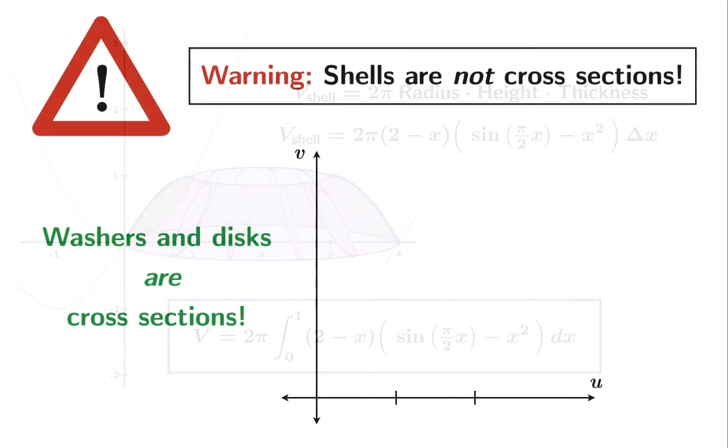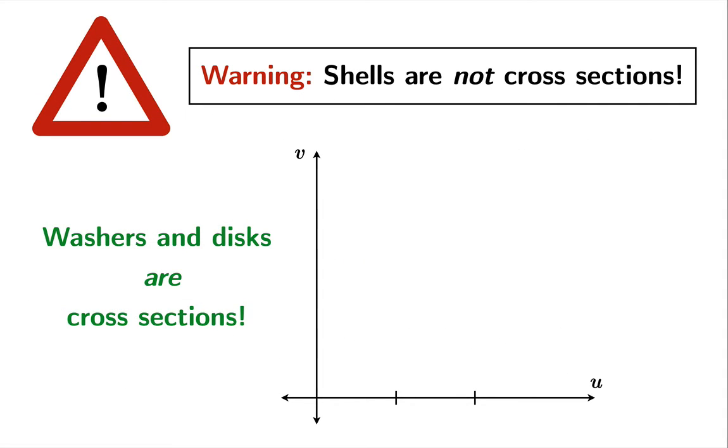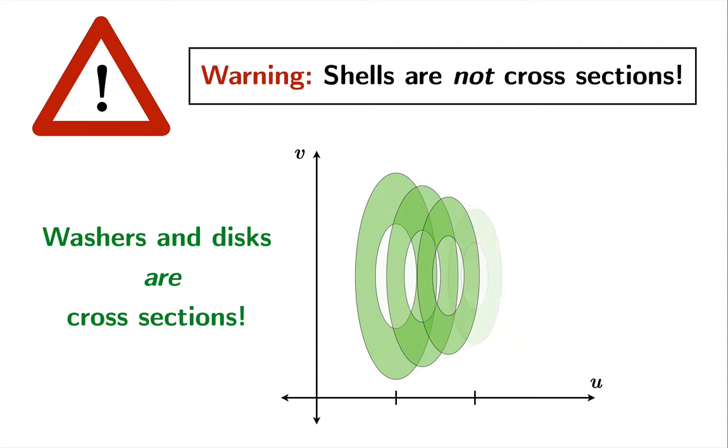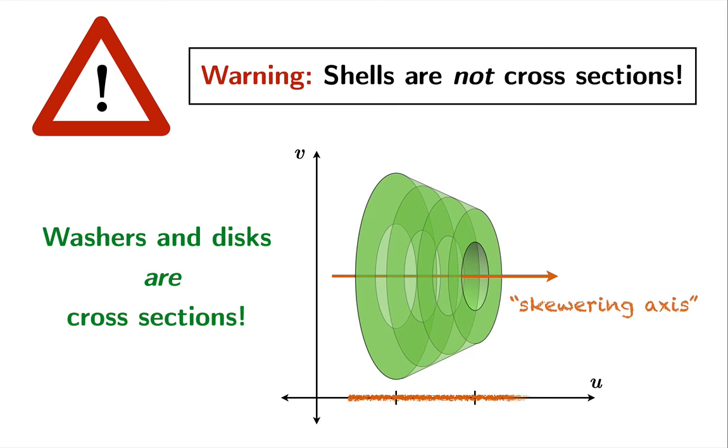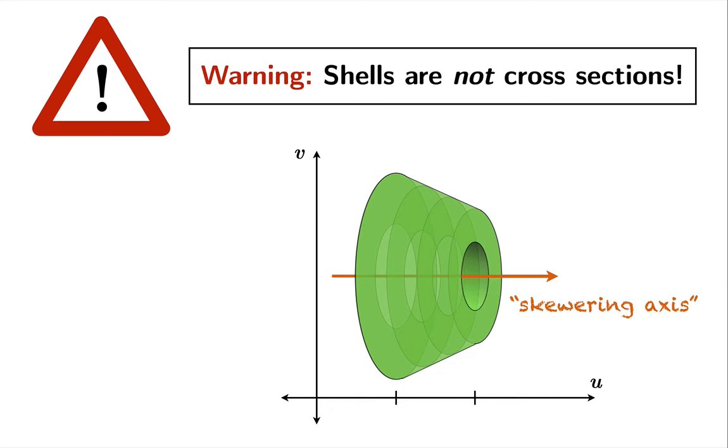So here's a warning. Shells are not cross-sections. Now, washers and discs are cross-sections, so let's return to this method of washers and discs to see what we're talking about here. These cross-sections all line up, and if you imagine skewering them, so to speak, then you can see that the skewering axis is the u-axis here. So that's what we mean by skewering.